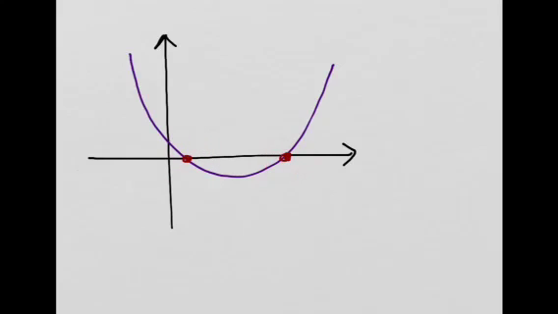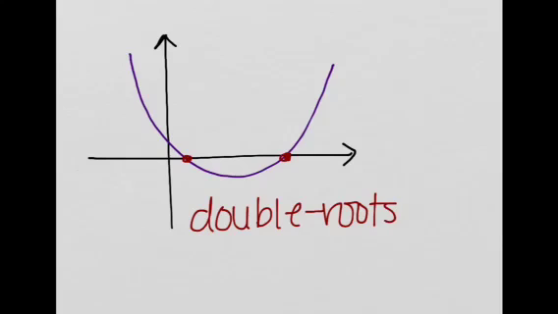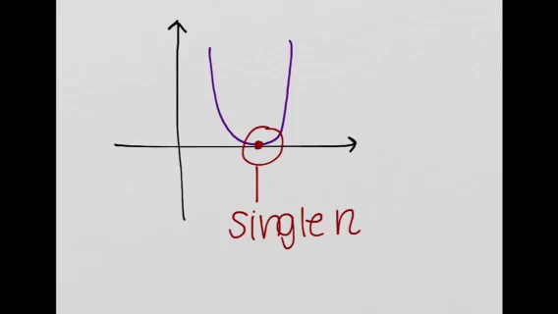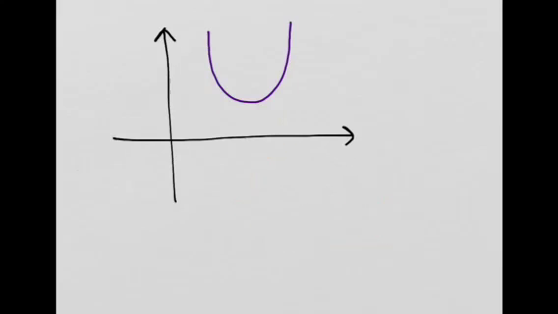That means we have double roots, or we have two roots. In this graph, realize we only have one root, so we have a single root. In this graph, we have no root, because the quadratic never touches the x-axis, so no real roots.